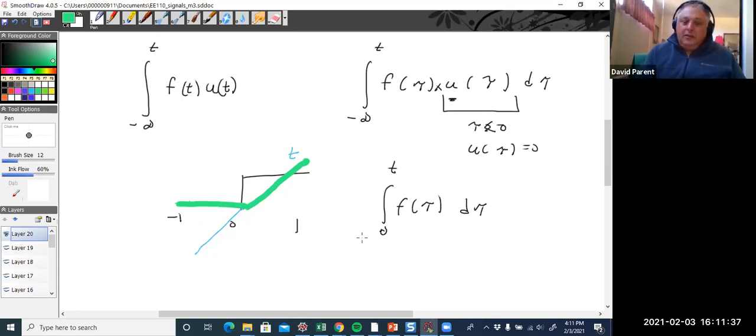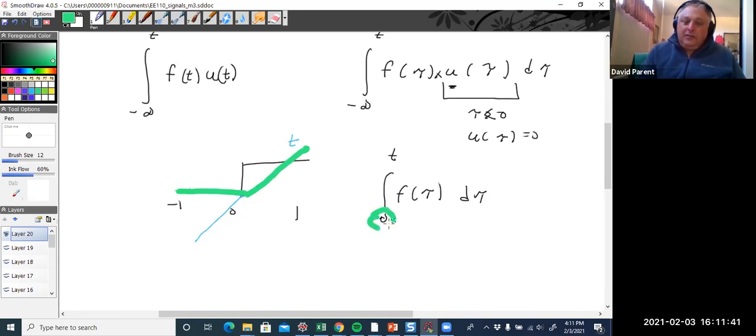So by putting this 0 here, it's saying this is all 0. There's no area. It's the whole function, F of t, which is the summation of the area.